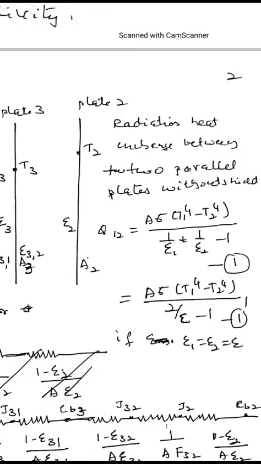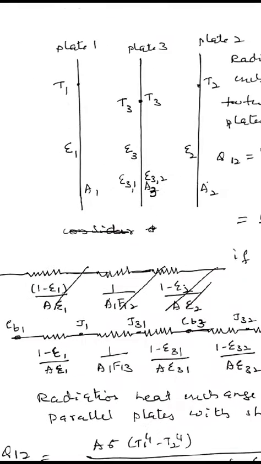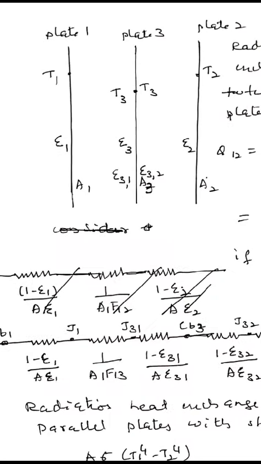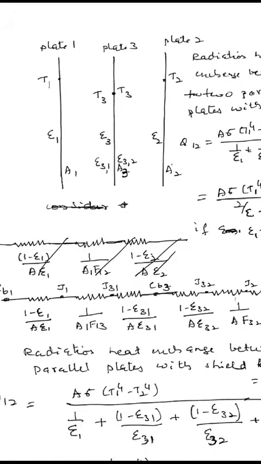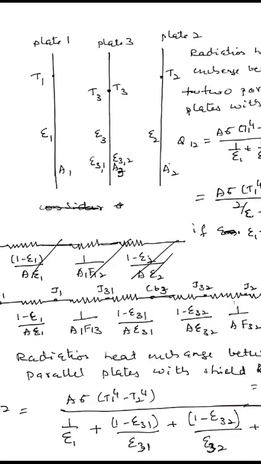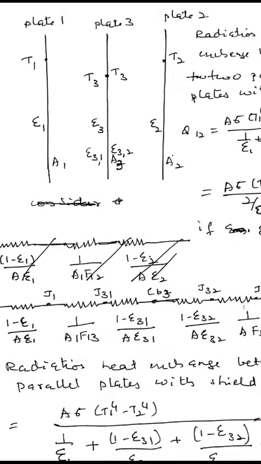Equation 1 dash. Now, a radiation shield, plate 3, is placed between the plates 1 and 2. The surface of plate 3 exposed to plate 1 has emissivity epsilon 31 and the surface of plate 3 exposed to plate 2 has emissivity epsilon 32. Thus, we have 4 surface resistances. Surface resistance of plate 1 is (1 minus epsilon 1) divided by epsilon 1 A1.